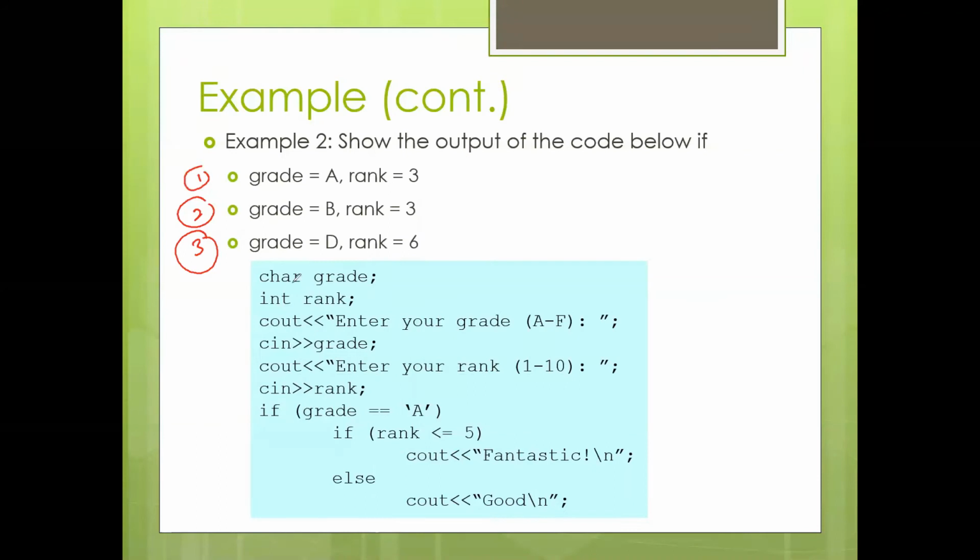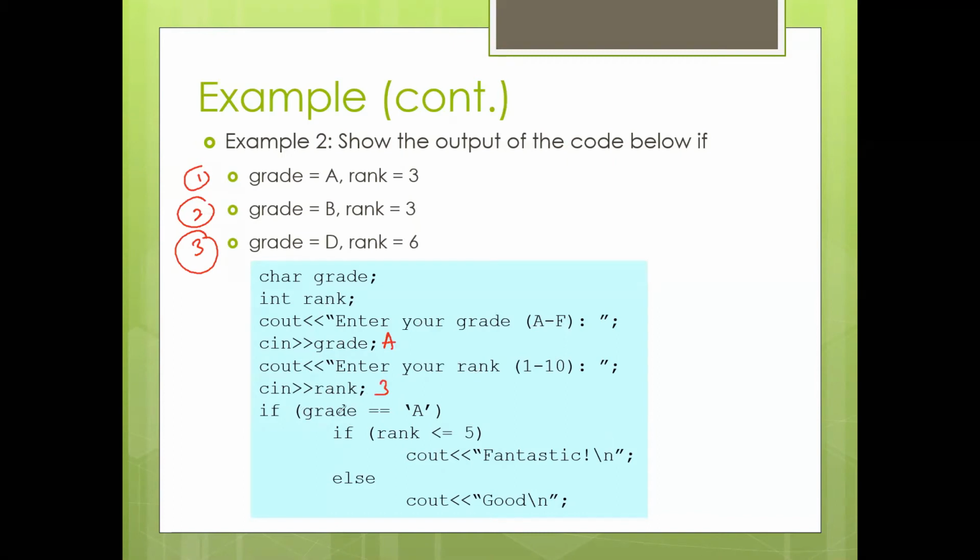We have the char grade, integer rank. Here, enter your grade A until F, giving instruction to the user what grade he or she should input inside the program. So cin grade, and then enter your rank 1 until 10, cin rank. For example, first grade equal to A, user input A, and then rank user input 3.